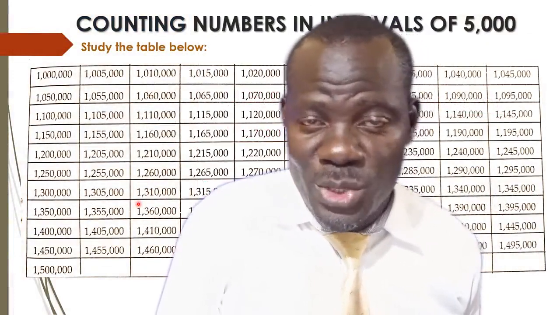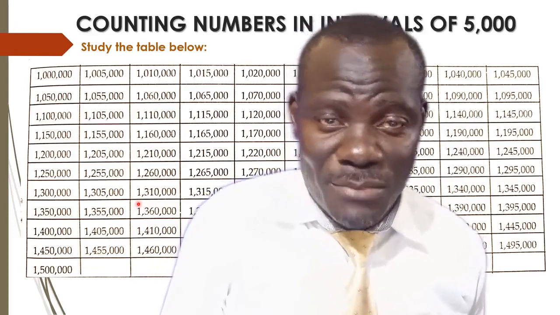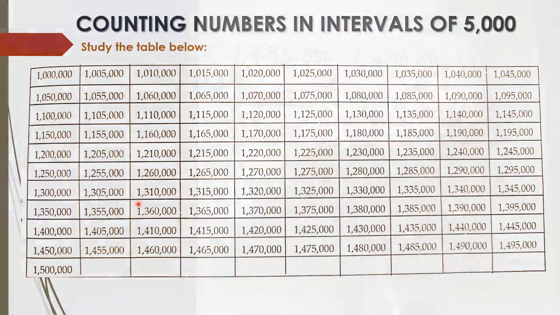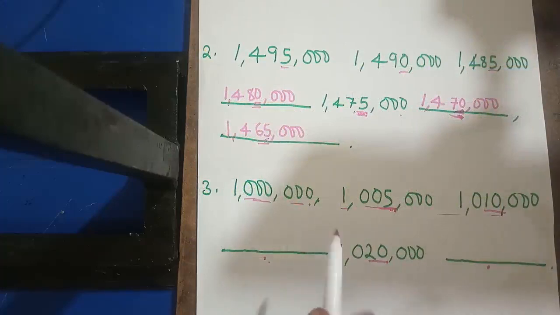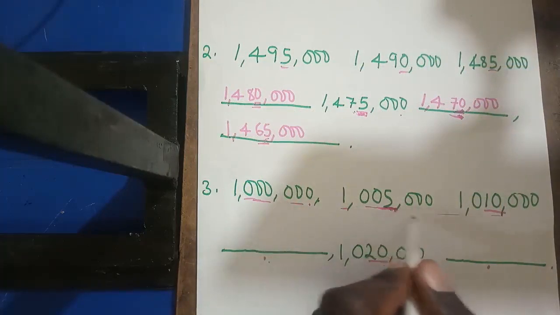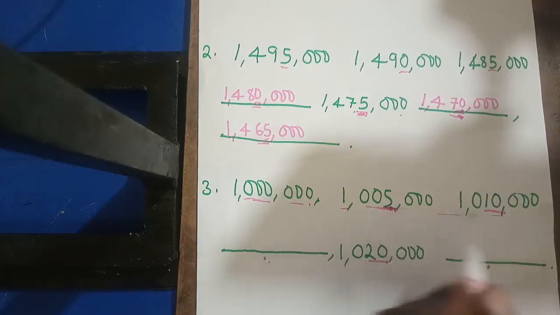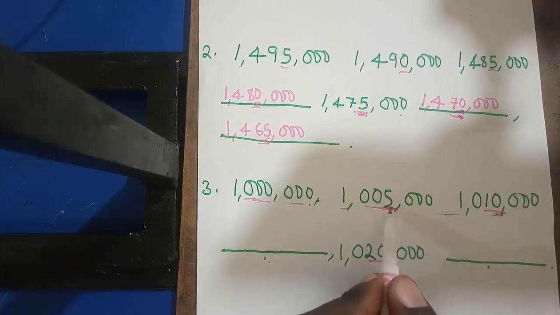The first two examples were reducing, but in this third example, 1,005,000 has been added. The third one has 10,000 on top of it. It means another 5,000 has been added to make it 10,000.